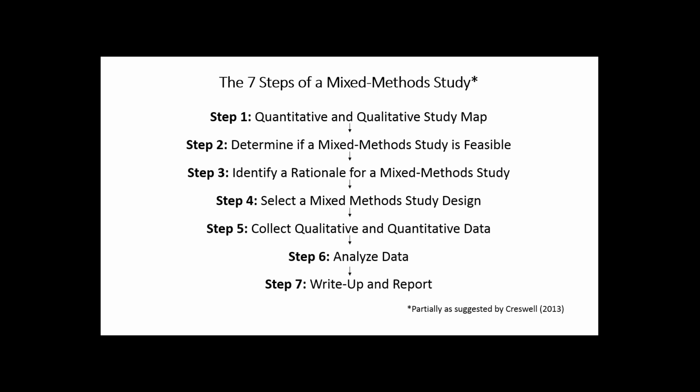Step 4, select a design for the mixed method study. Step 5, collect the data, both quantitative and qualitative. Then step 6, where we're spending most of our time today, analyze the data together. And step 7, report the results in a manuscript or report, the write-up.